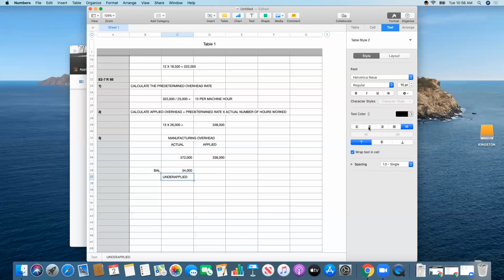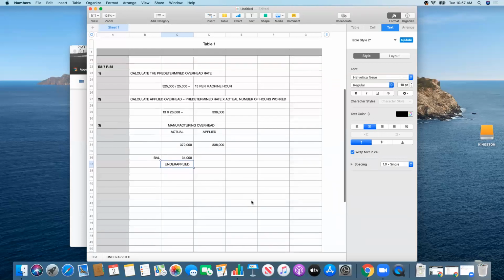We would have to debit cost of goods sold and credit overhead for 34,000. And by doing that, the balance in the overhead account will become zero. Because think about it, the overhead account is kind of like an expense account, so it needs to be closed at the end of the period and transfer that balance to cost of goods sold. They didn't ask us to do that, so we didn't have to.